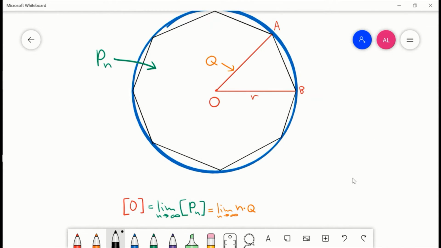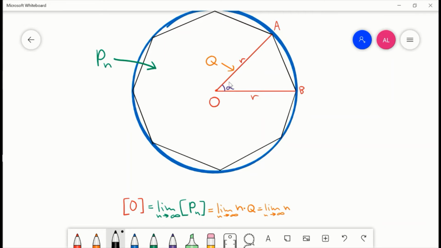So now, in order to evaluate the area of Q, we are going to use the famous sine area formula for a triangle. So we still have our n here. And now the area of any triangle is two of its adjacent sides times the sine of the angle in between them times a half. So in this case, our two adjacent sides are r and r, right?